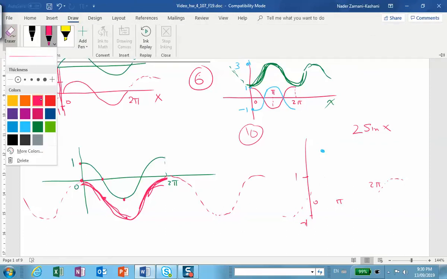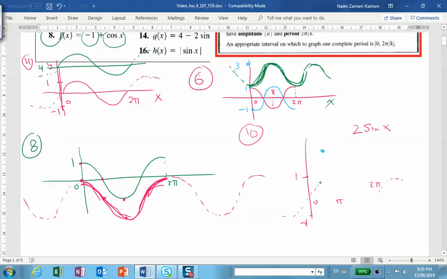I'm sorry. This is the graph of sine of x. You can see right there. Okay. So this point multiplied by 2, you get 0. This point you multiply by 2, you get 2. This is height 1.